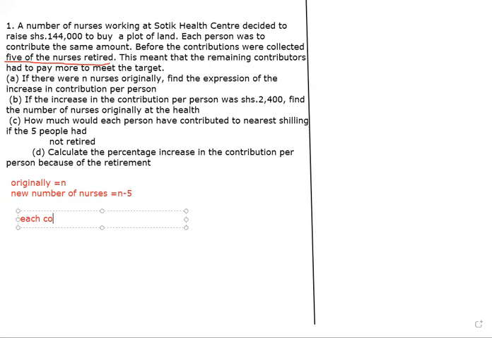Each member's contribution was equal to the total amount that it was supposed to contribute, that is 144,000, divided by n. That is the original contribution, before others decided to leave. This was the thing that was there in the plan.